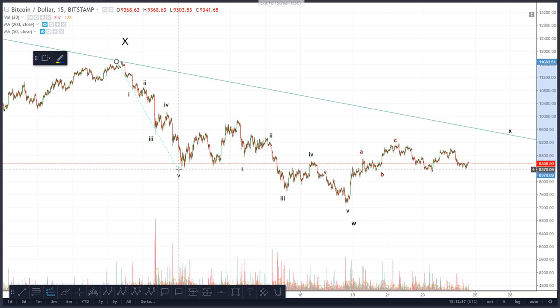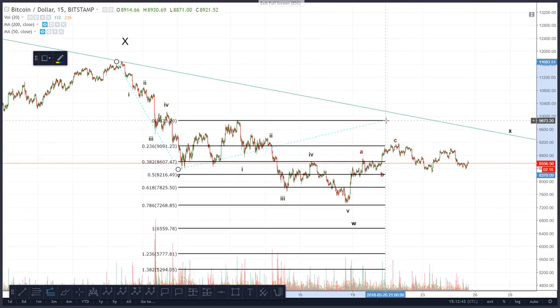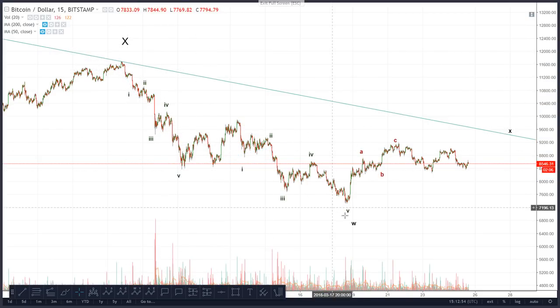So we saw our first leg down to here, then an ABC retracement with a fib extension reaching the 0.786. So that was forming the end of W on the lower degree. So that was 3 legs down in itself. Now we can expect the 3 legs up.